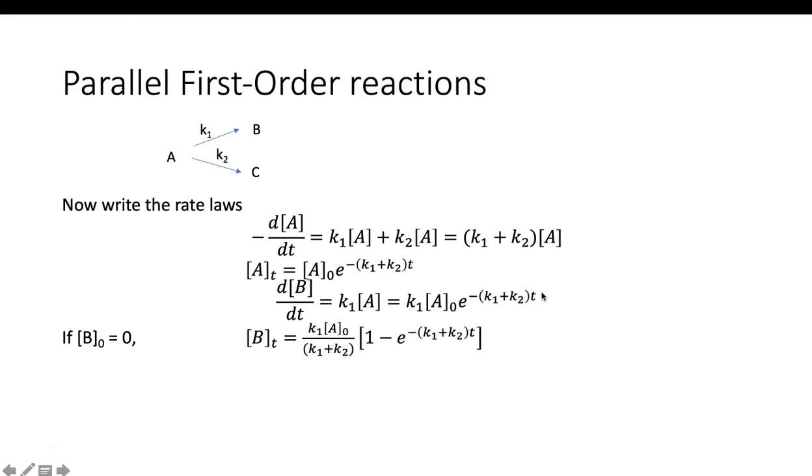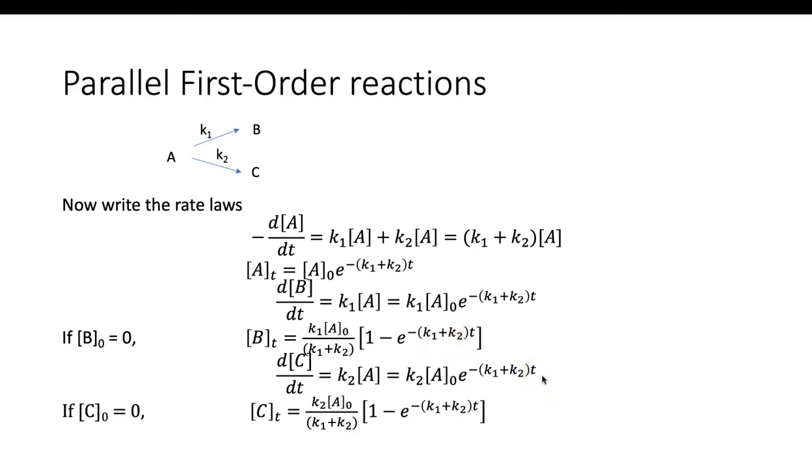And if we assume that we started with no products at all, only reactants, and let this go, then B at any time t is K1 times this ratio of constants, and the exponential that we have. If we do C, we do the same thing, except now it's K2 times A, substitute in, integrate, and C at any time t is basically the same, except it's K2 times this constant.